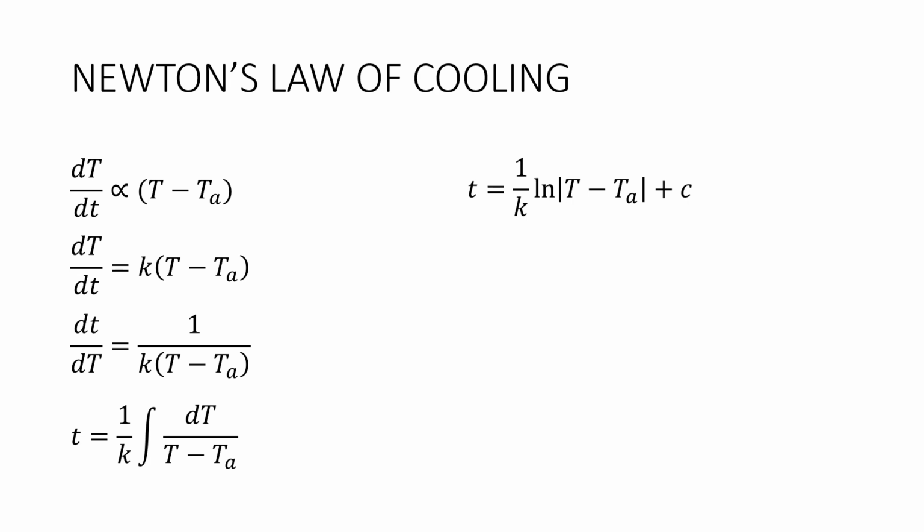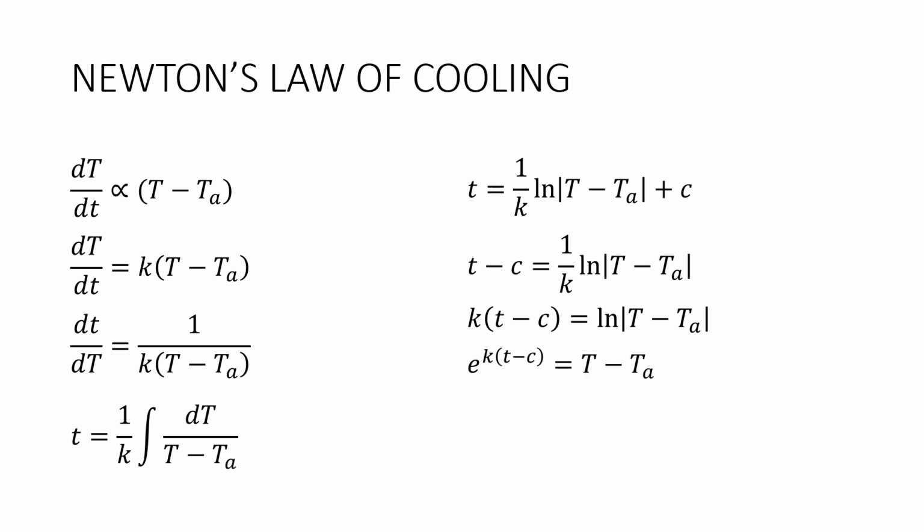Now, just like we did before, I'm going to take the C over the other side. So t minus C is equal to 1 on k ln, and then T take away TA. Multiply both sides by k, and then raise both sides as powers of e. So I get e to the k brackets t minus C is equal to capital T take away capital TA. All right, now finally let's move this over.